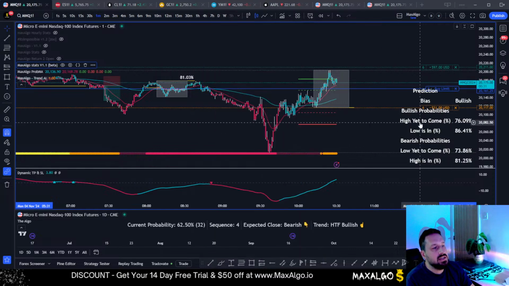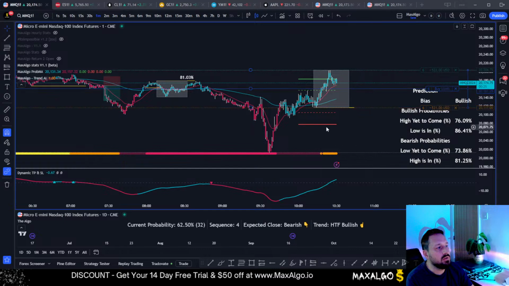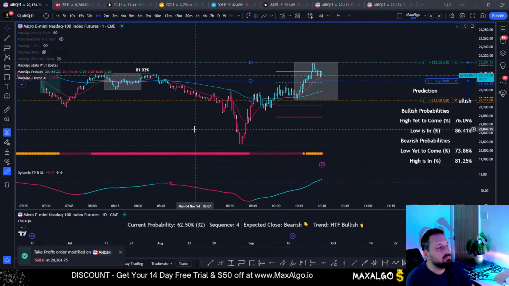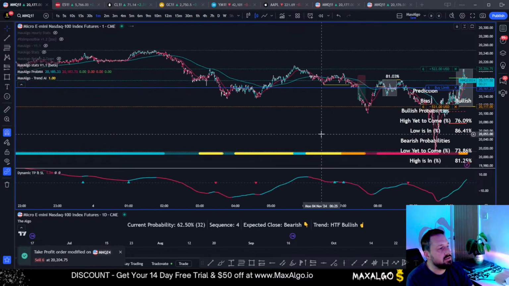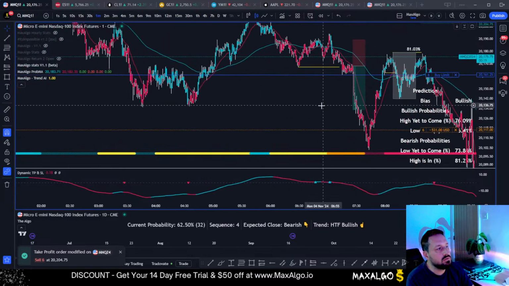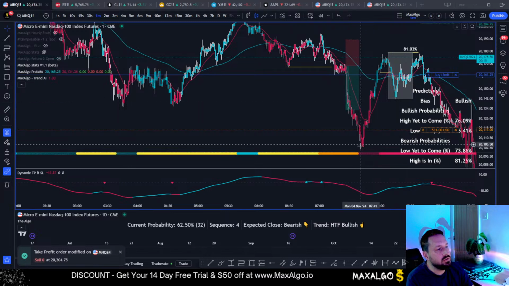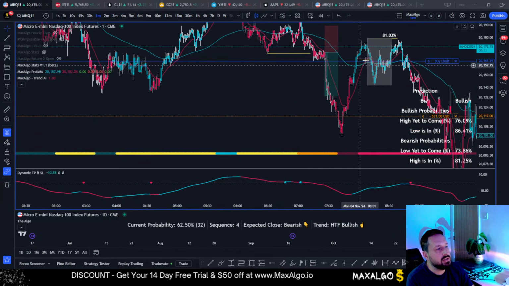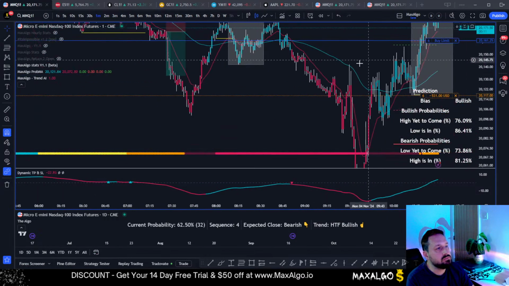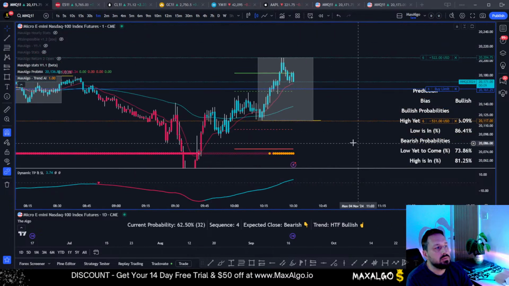So statistically, we're bullish, right? So there's still a 76% probability we could have a new high. This was my trade before. Here, I set partial at the lows, and then the rest got taken out while I was messing around. But that's fine.